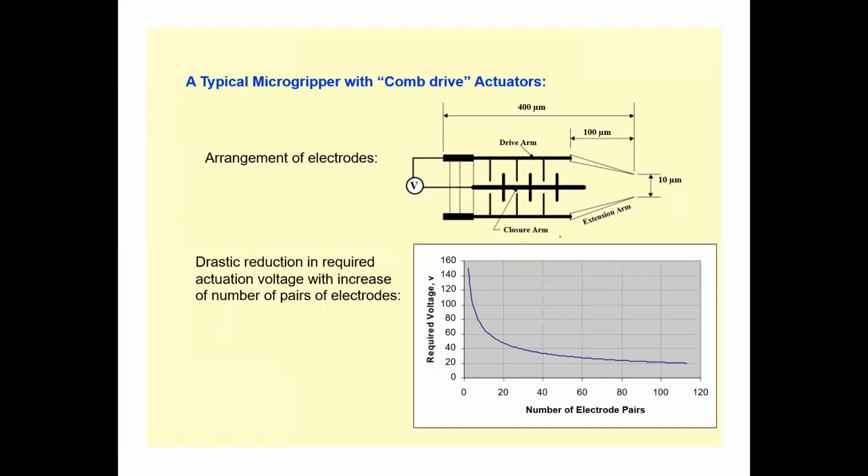Although the force is very small, where you don't need much force you can utilize this very easily by applying a certain amount of voltage, right? So if you see this particular one, when the voltage is applied, these are the stationary combs, and these are the drive arms and the closure arms.